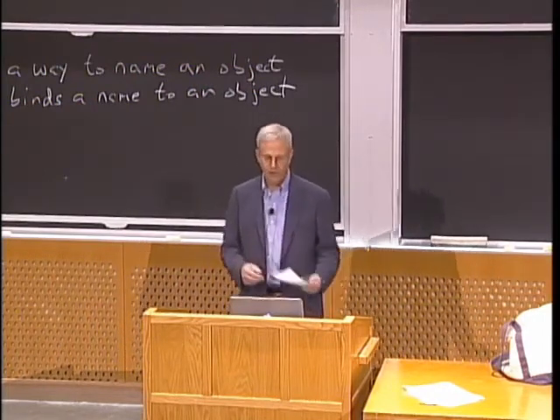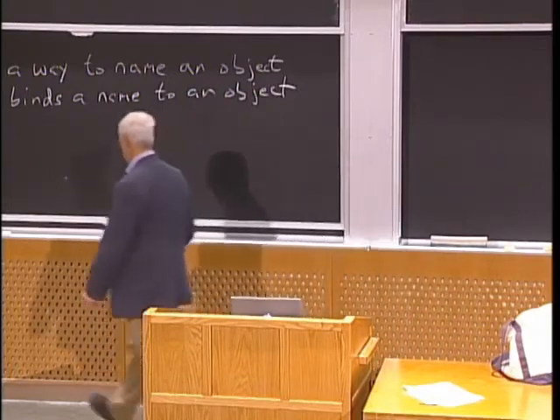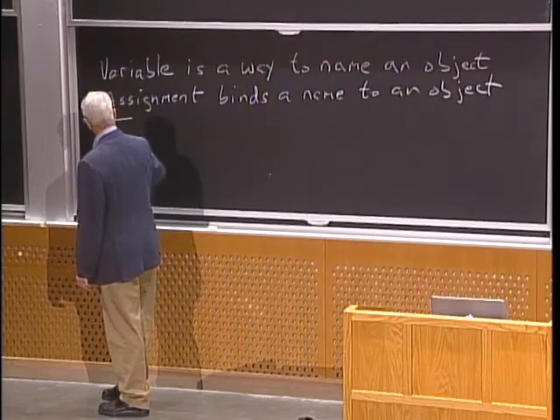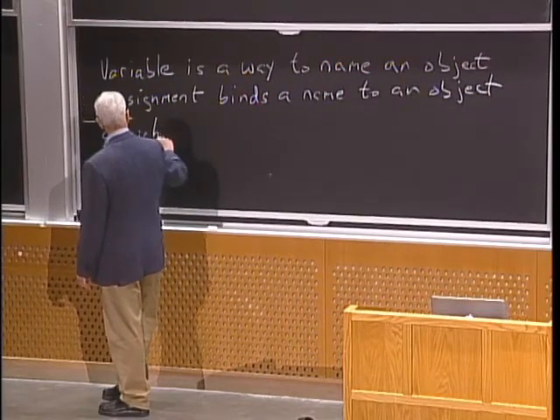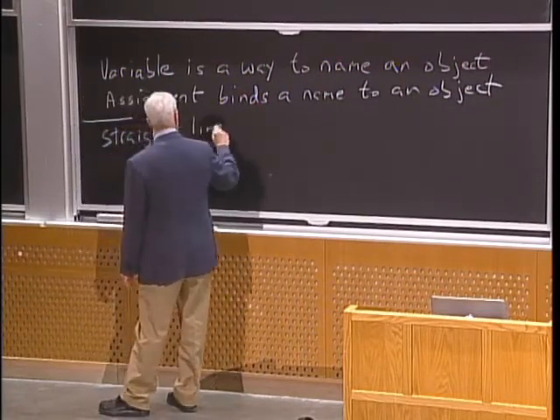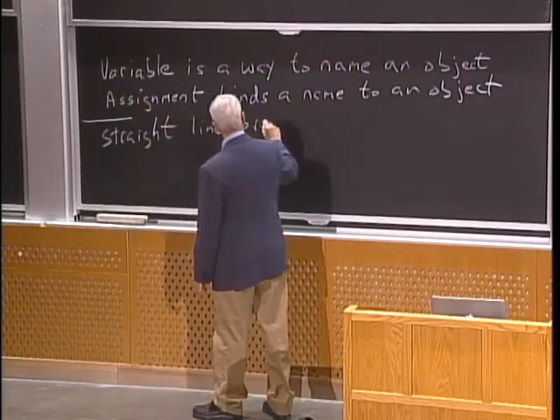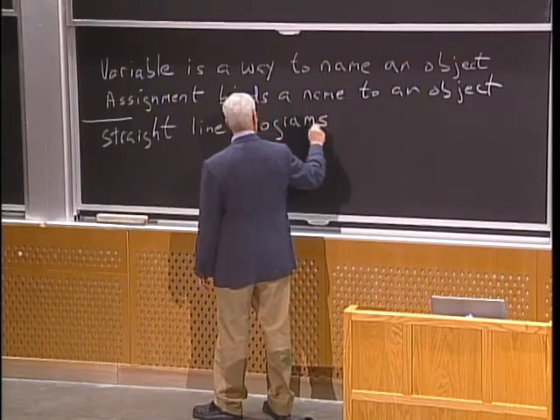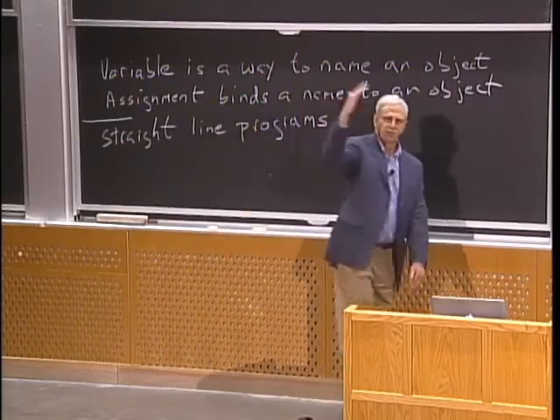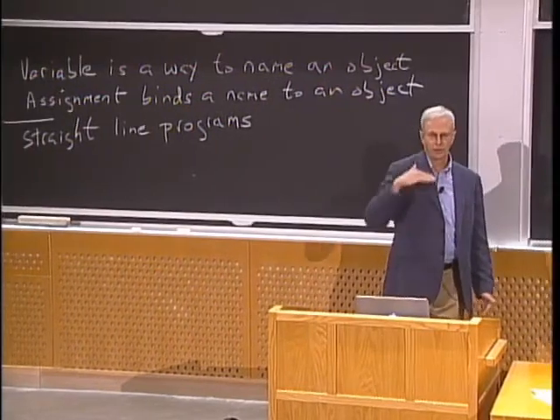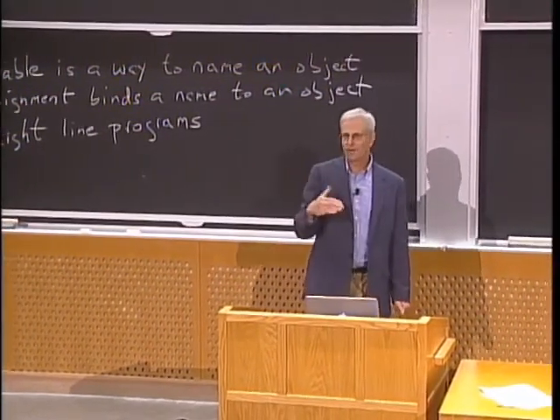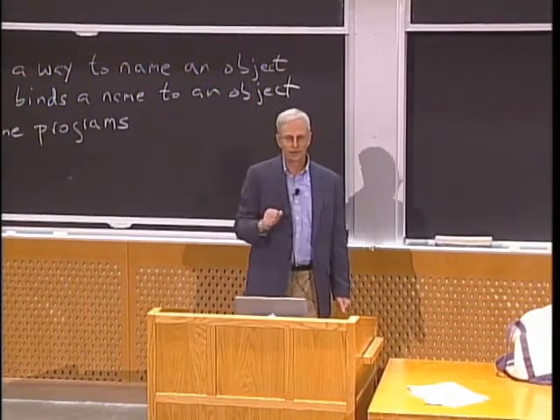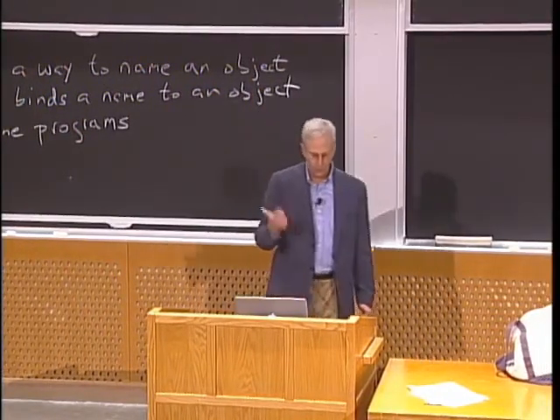Now, the kinds of programs we've been looking at so far are what are called straight line programs. What distinguishes a straight line program is it's a sequence of commands you execute one after another. You execute every command without making any deviations, without going back with any loops to execute a command more than once.